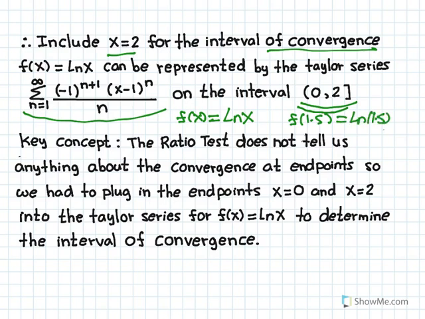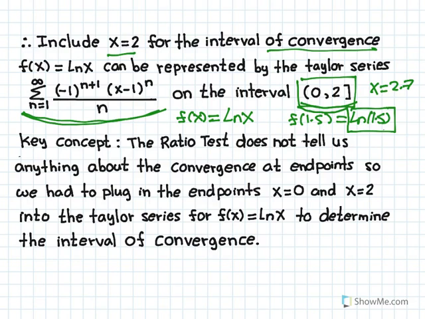We can simply plug in 1.5 for x and find a Taylor series representation of log of 1.5, but we can't do that if the value of x is, for example, 2.7, because that's outside the interval of convergence. So that's what the interval of convergence means. It means all the values of x for which the Taylor series converges to the function ln x.